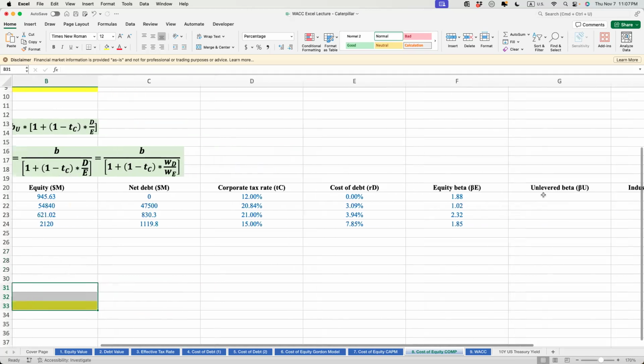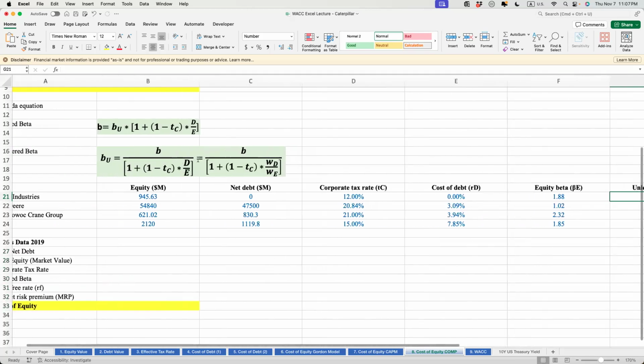So first, how to calculate the unlevered beta. I already gave you the formulas here. It sounds a little bit complicated, but when you plug in, it's really not that complicated.